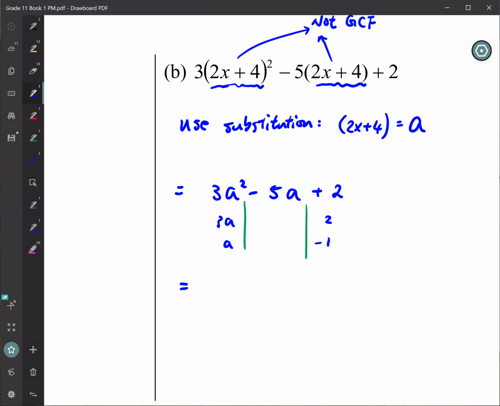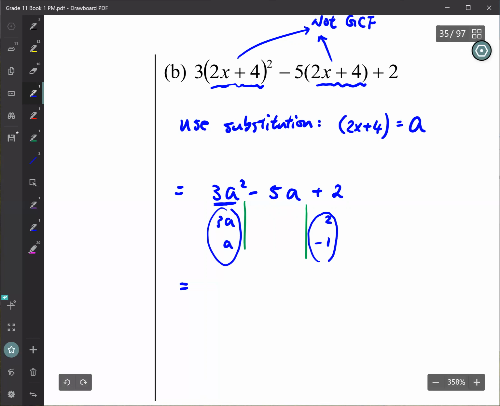Do you know how to check if it works or not? Add them together. First of all, you look at the first column, right? 3a and the a, they need to multiply into 3a squared, do they? Yeah. Now for the third column, they need to multiply into the 2. Oh, so it's -2. Okay.